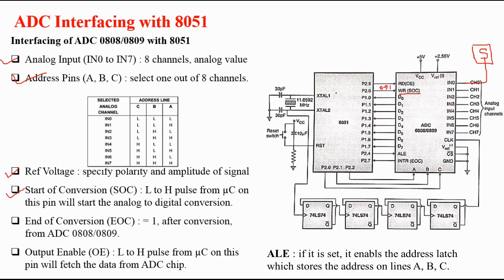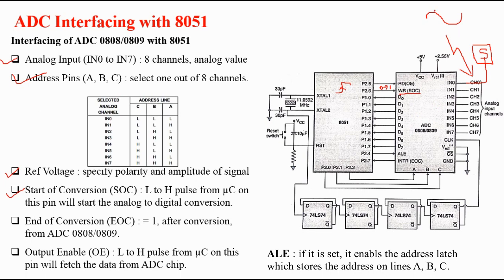Whenever this pin goes from 0 to 1, the conversion will get started. Conversion means this sensor is giving the output in analog form, and that analog signal is divided into 2 raised to the power 8, that is 256, different levels.